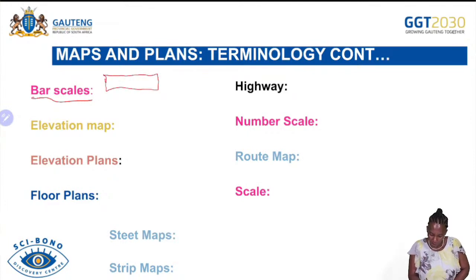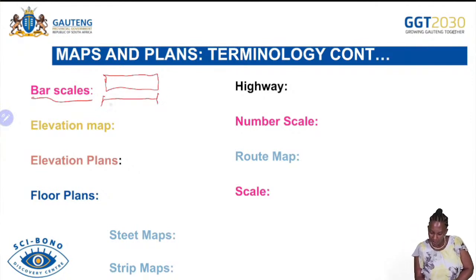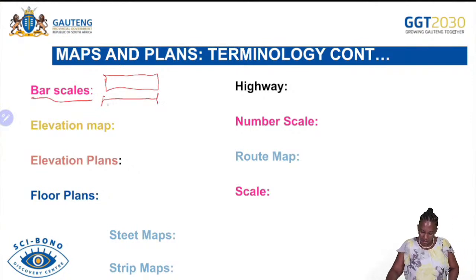And then you take a ruler, you measure the distance from here to there, and then you could determine how many centimeters. Let me quickly demonstrate. I will measure my bar using a ruler like this to say, okay, the length of my bar is 25 millimeters. As you can see, I have used millimeters.